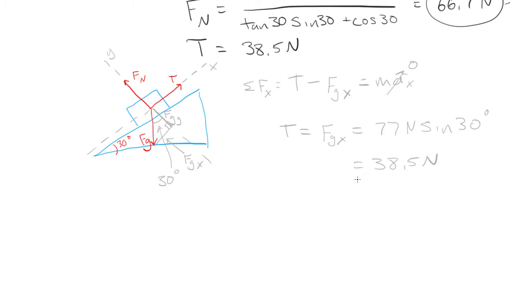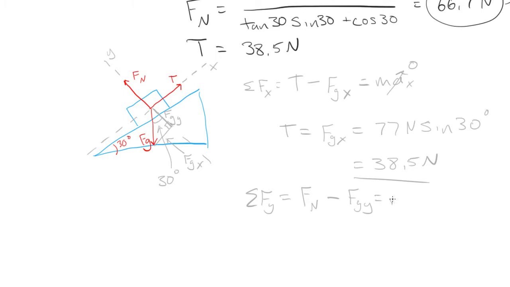All right, so I got the tension. I didn't have to simultaneously solve two equations to do it. In the y direction, I write down another equation that's very similar. The sum of the forces in the y direction: I have the normal force pointing straight up, or at least straight up according to my y-axis. I subtract off the y component of gravity.